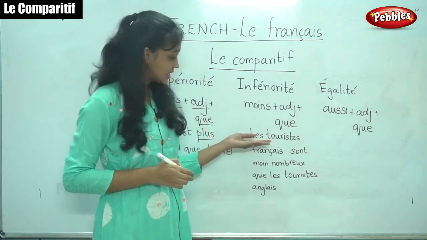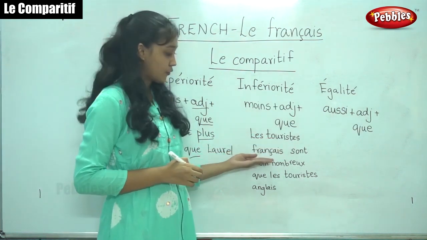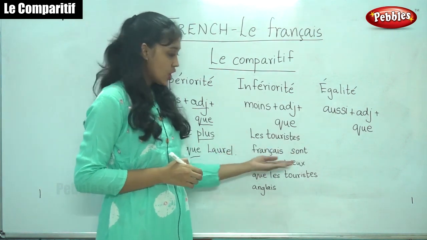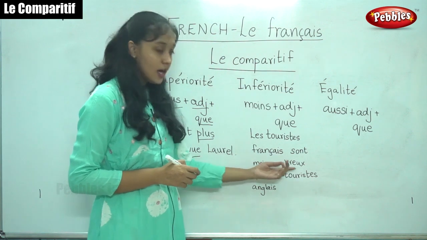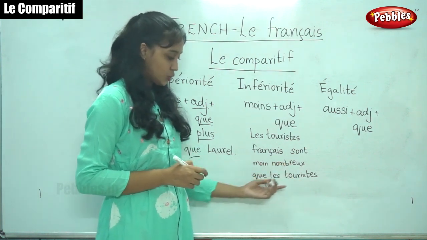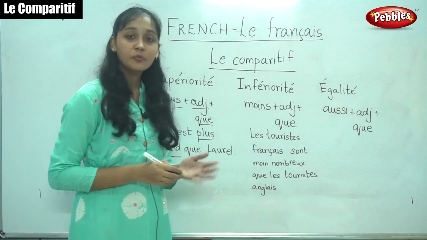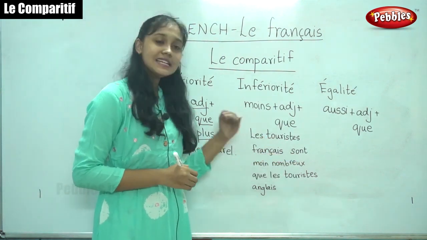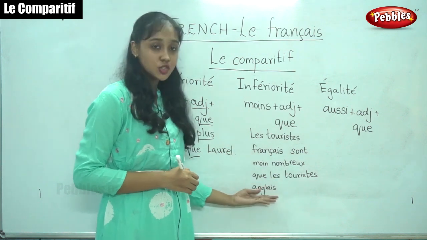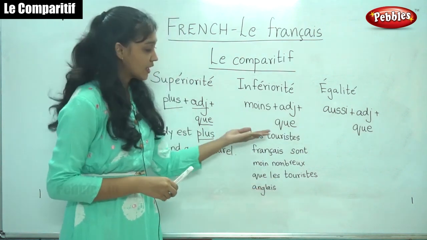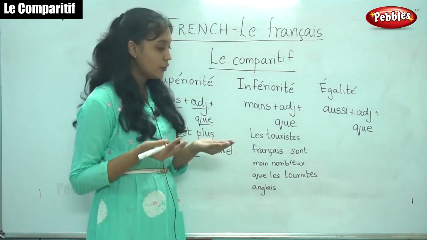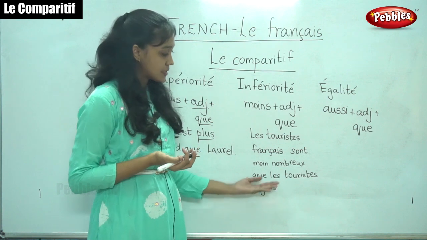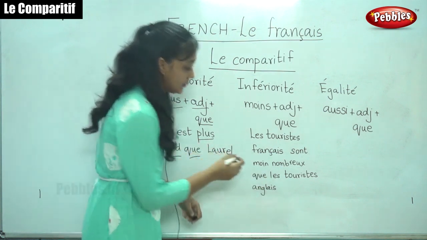So the sentence here is Les touristes français sont moins nombreux que les touristes anglais. The meaning of this sentence is the French tourists are lesser in number than the English tourists. Now here we are comparing the number of French tourists and English tourists. So what did we do here?